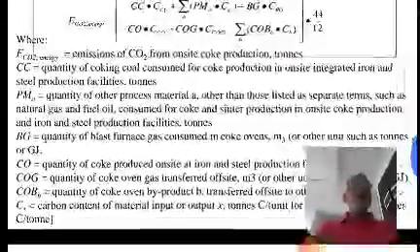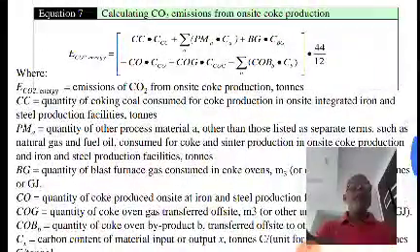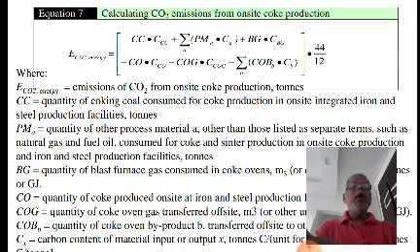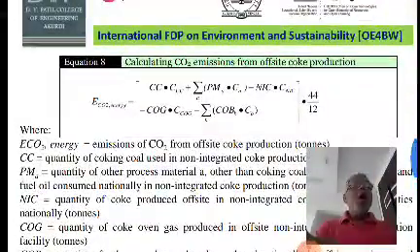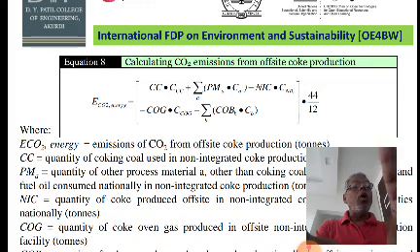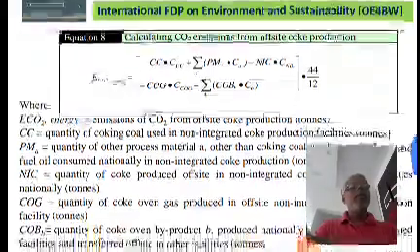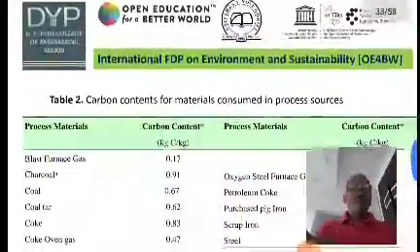In this slide, all the details are given about these factors. You can substitute the values and you will get the emission of CO2 from the on-site coke production in tons. If it is offsite, then for calculating the CO2 emission from the offsite coke production you have to use this equation.